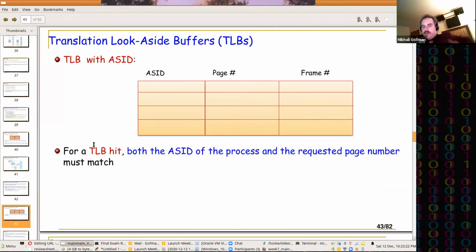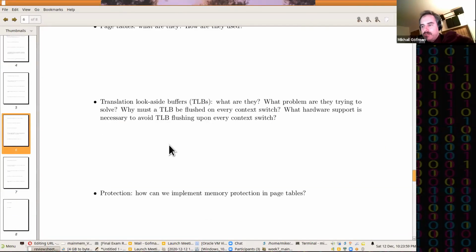So whenever a process wants to access a page, the process ASID will be matched as well as the page number. And if both match, then we grab the associated physical frame. Okay. And this way we can avoid having to flush the TLB, because now the TLB has a way of telling the difference between the page to frame mappings belonging to the different processes. Okay. That's basically the idea. Okay, so those are the TLBs. Any questions?